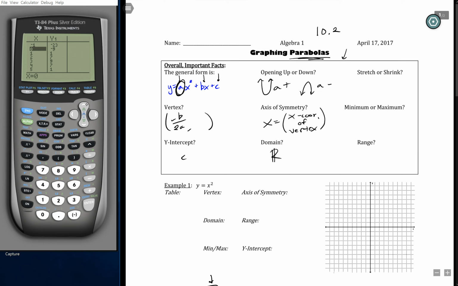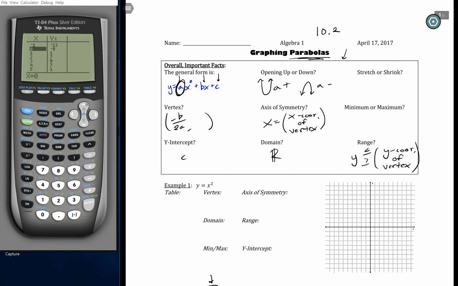The range, we know, depending on if it's up or down, it's going to, in some way, relate to the y-coordinate. So y, it's either going to be less than or greater than, and it's going to relate to the y-coordinate of the vertex. And these are things that you're used to. I'm just kind of summarizing them here for you, and it might actually make it more confusing.